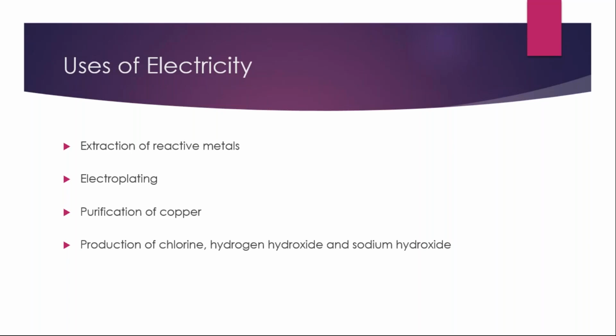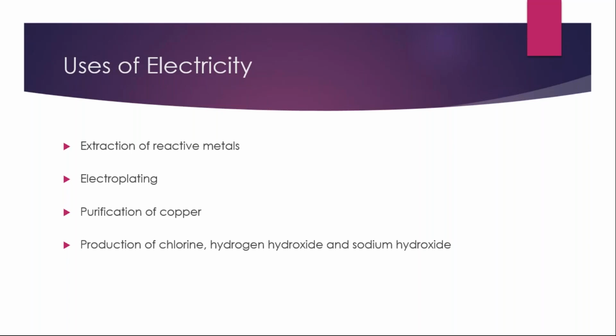If you're doing the electrolysis of hydrogen tetraoxosulfate VI, the main product of that electrolysis is the hydrogen, while the byproduct is the hydroxides. So to produce chlorine, hydrogen, and sodium hydroxide, it is also through the electrolysis, because they are also the byproducts of that.